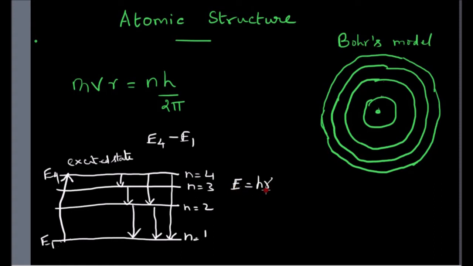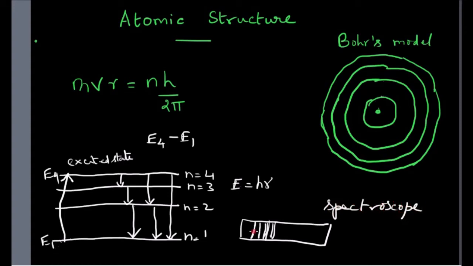See, for the energy that is emitted at the corresponding frequency given by this equation, you see a bright line in a dark background. So if it is a dark background like this, you see some bright lines at specific frequencies in what is called a spectroscope. The instrument is called a spectroscope. This is called an emission spectrum.